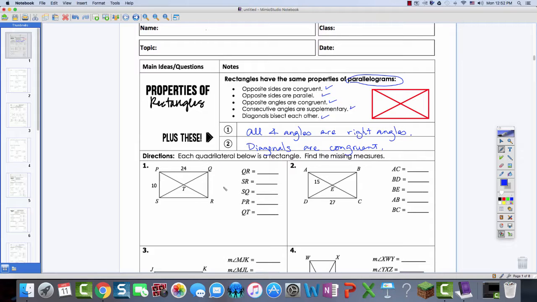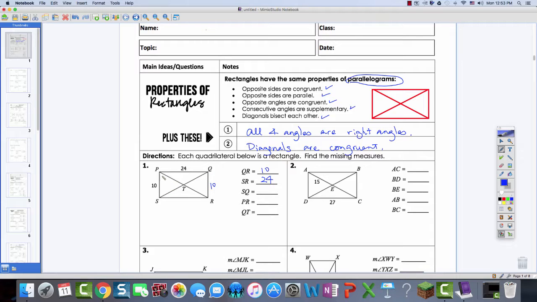We already know all of these quadrilaterals are rectangles. That's given. Therefore, QR in this case has to be 10 because QR and PS are congruent. SR and PQ have to be congruent at 24. SQ is more challenging. There's no information given about the diagonals.